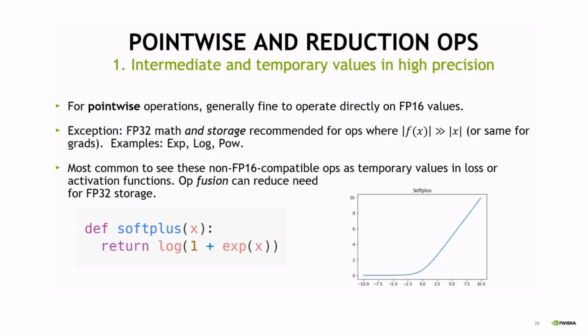The whole function softplus of 1000 will be 1000, and it's okay for FP16, but the intermediate representation exp of 1000 will overflow, and that's the problem. And the solution is to cast inputs to FP32, do computations, and cast outputs back to FP16.